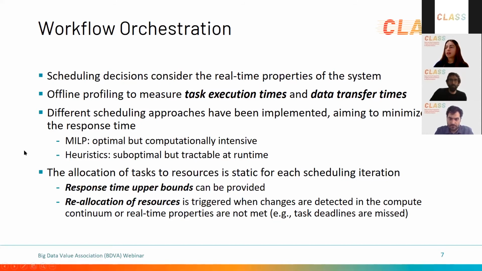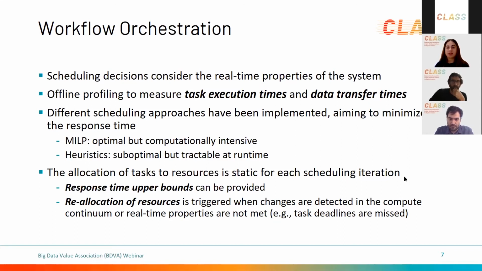Now, one key detail is that this allocation of the tasks happens in a static way for each scheduling iteration. So we define scheduling iterations as a number, for example, of frames that are processed in parallel. In the example before, let's say that we have 1 second of processing or 10 seconds of processing, it doesn't matter.